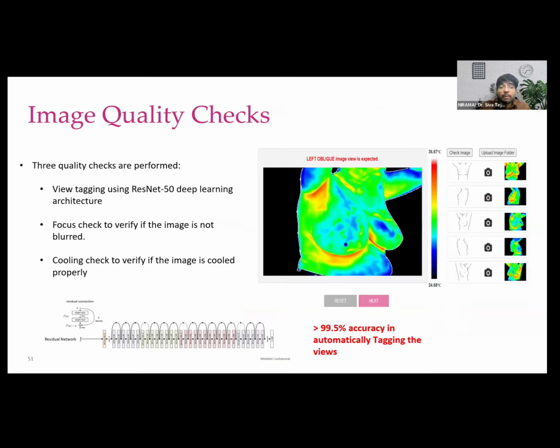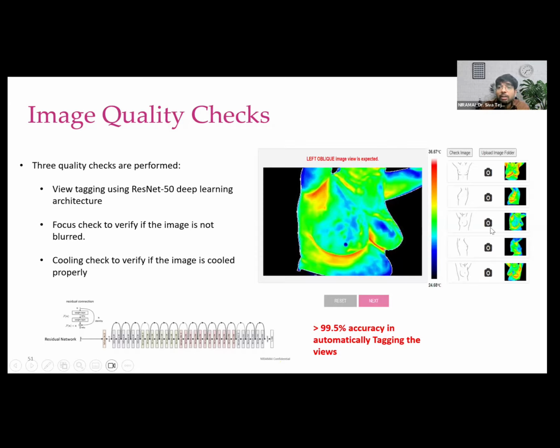So typically when we talk about thermal image capture, we foresee 3 issues. One of the main issues is incorrect labeling of the views. Many times the technician captures a right view and labels it a left view or vice versa, right?